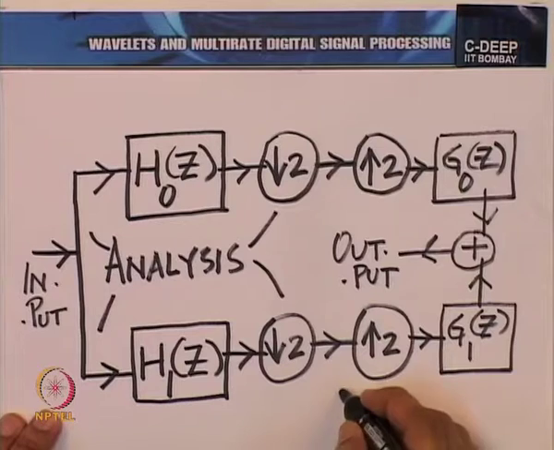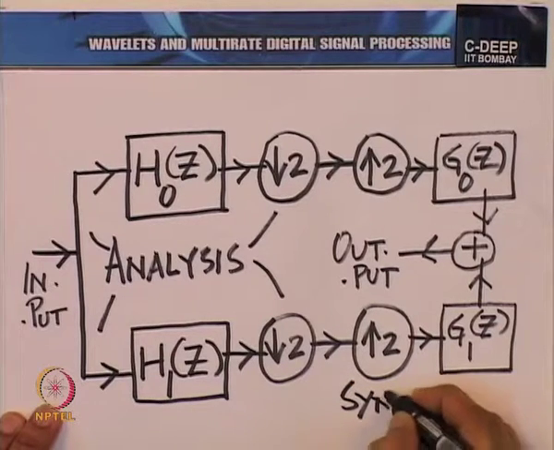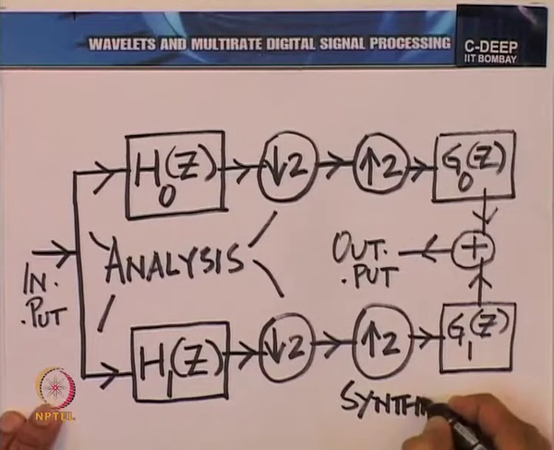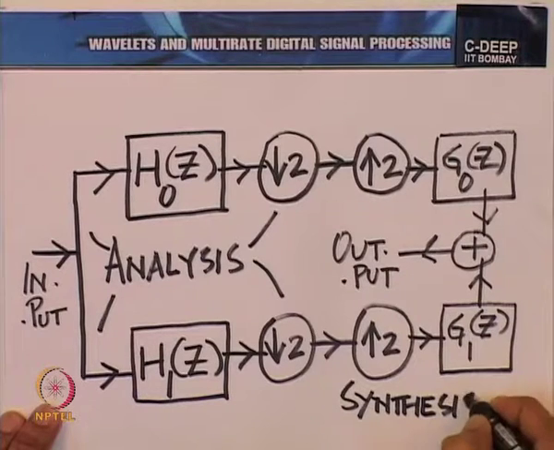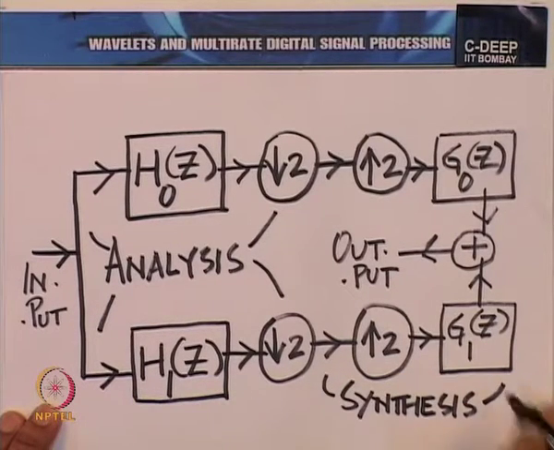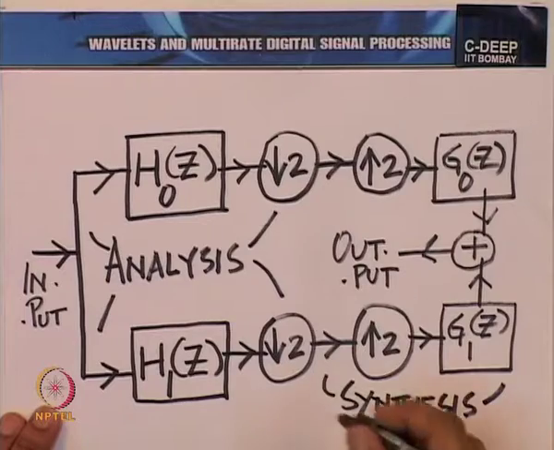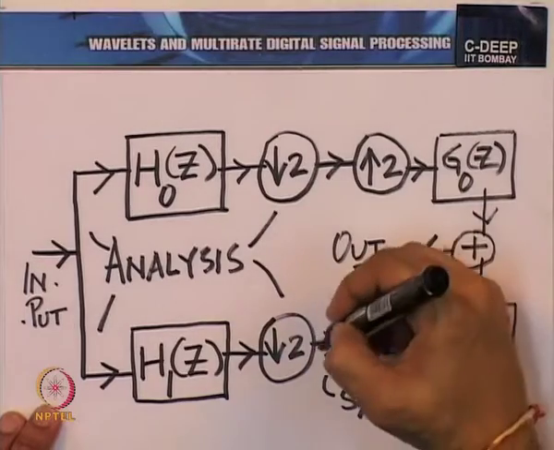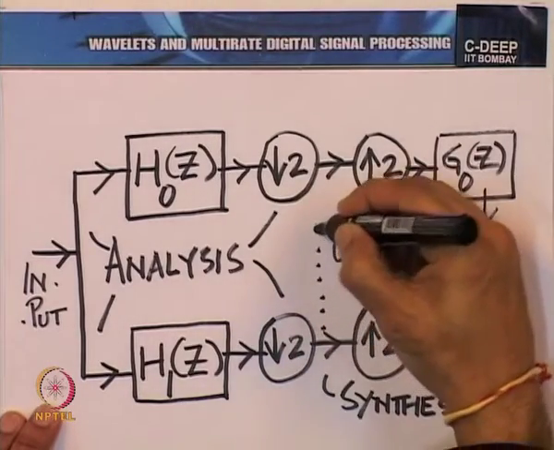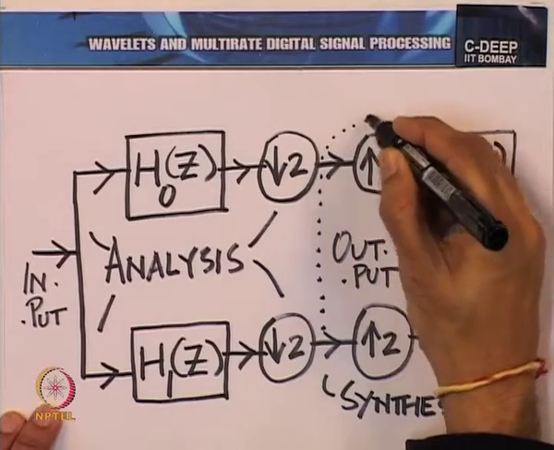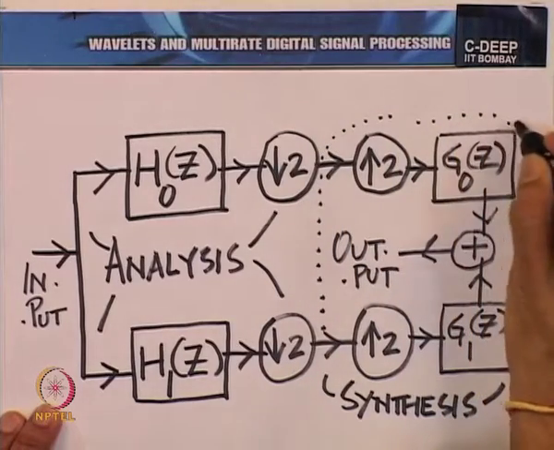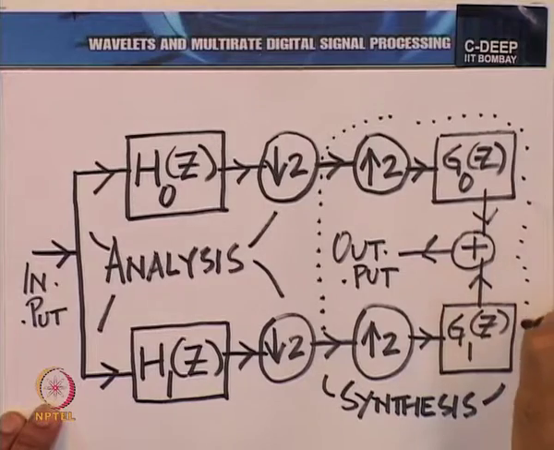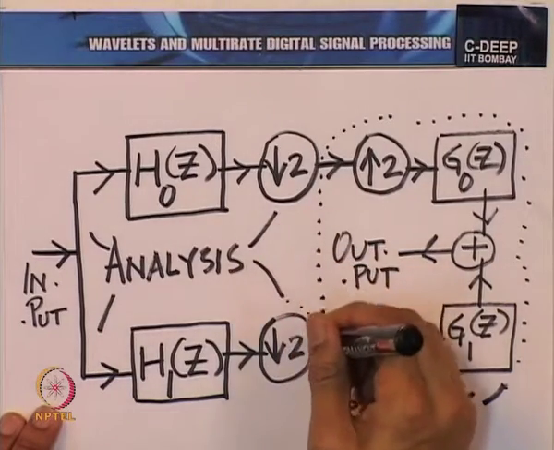And this is what we call the synthesis side. When I mark this, I mean all this. So, maybe we should put a dotted boundary around. So, this is all the synthesis side and this is the analysis side.